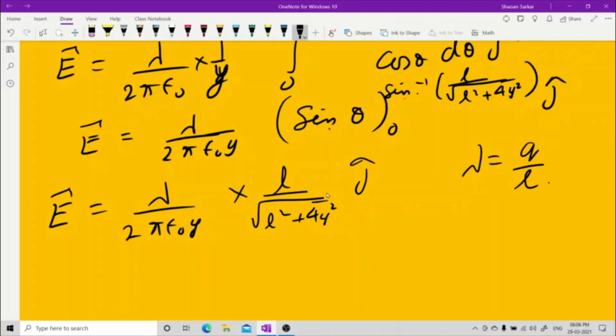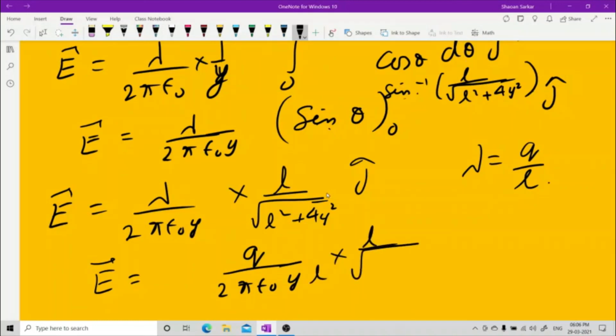The length is L. Just put this L here. E equal to, instead of lambda, you put Q, the total charge, upon 2 pi epsilon naught y, you take this L here into L upon under root L square plus 4y square.